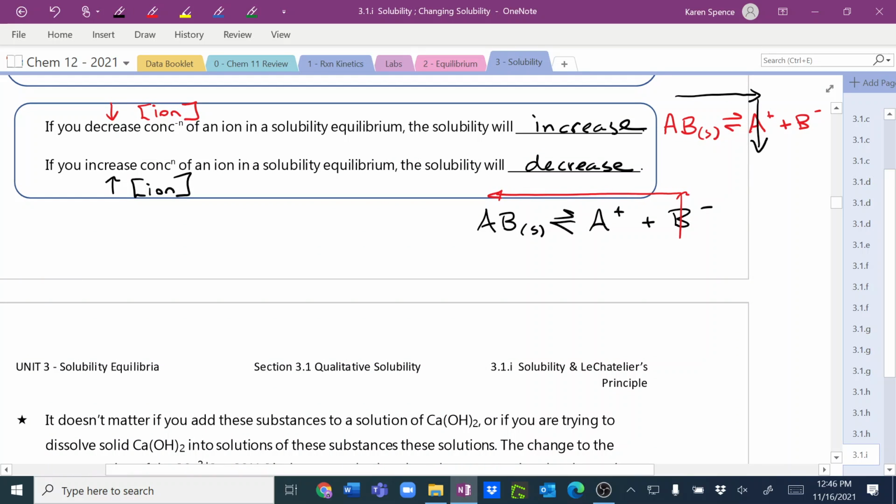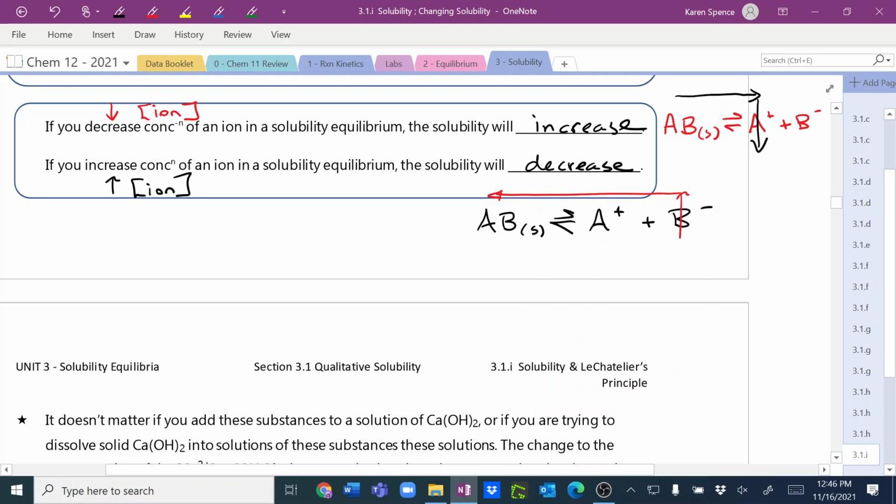Now, so far we've been talking about adding things to a solution that's already present of the calcium hydroxide, but maybe instead you have a beaker full of water, a beaker full of sodium hydroxide solution, and a beaker of acid solution. And now you're going to take some solid calcium hydroxide and try dissolving it in each of them.